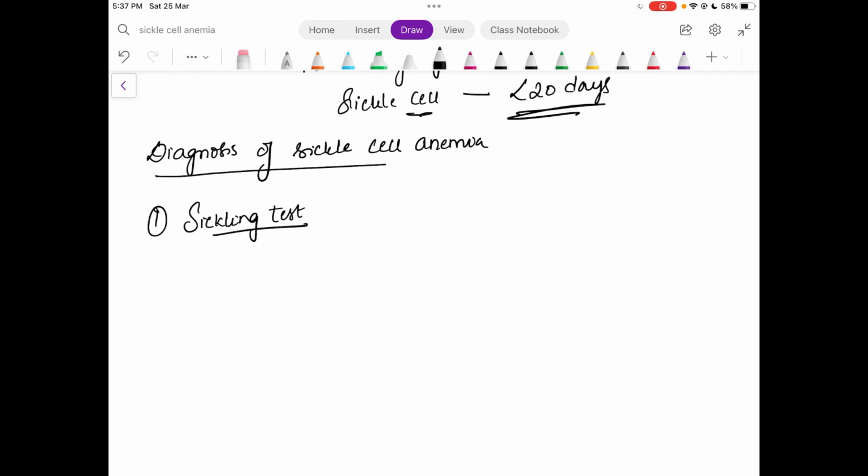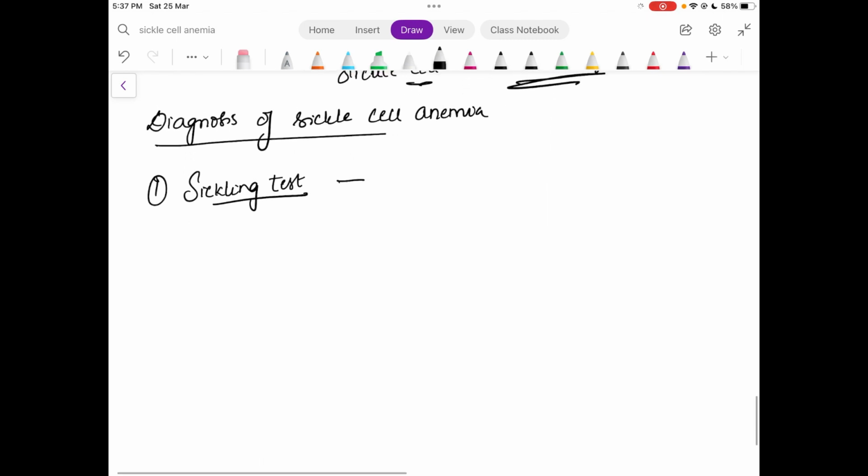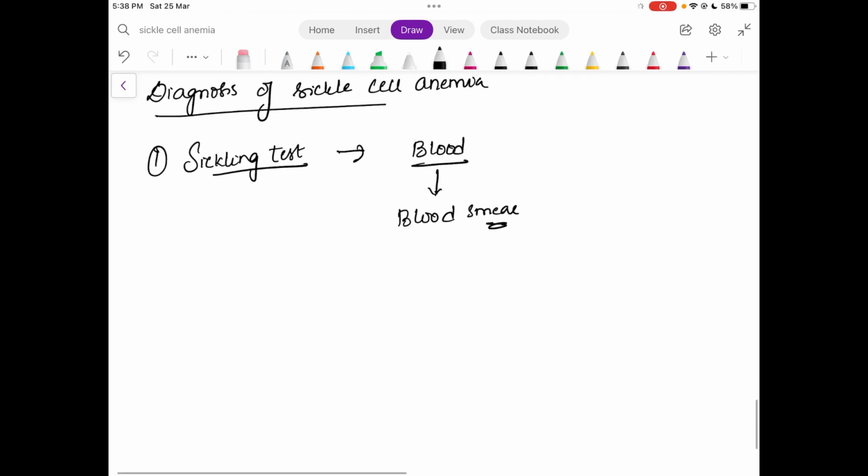What will you do in the sickling test? Here we'll take blood from the patient, and with that blood we'll make a blood smear, and the blood smear is prepared by adding a reducing agent.